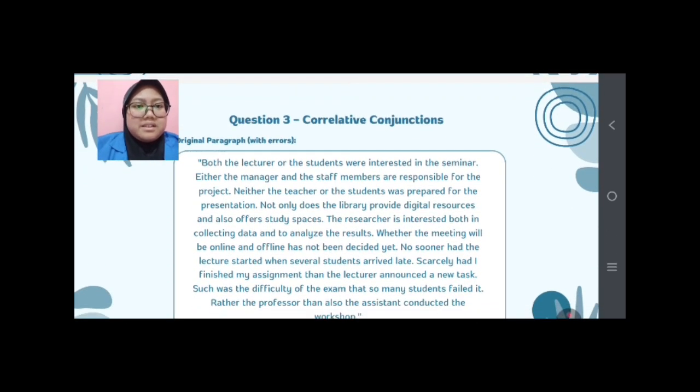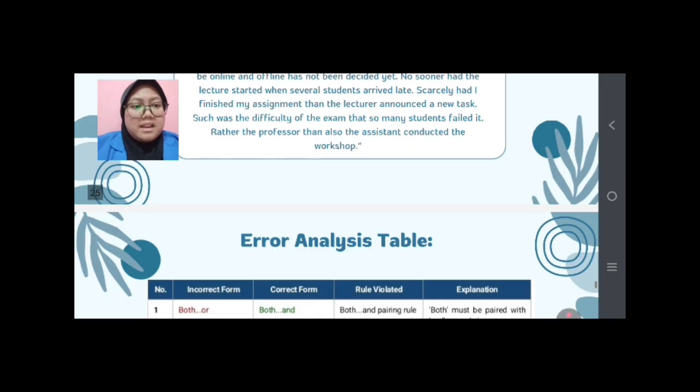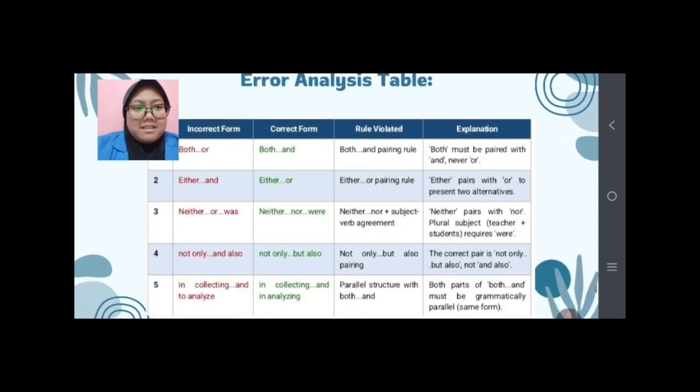This is question 3, correlative conjunctions, original paragraph with errors. Let's analyze the errors. Both or, both and. Both must be paired with and, never or. Either and, either or pairing rule. Either pairs with or to present two alternatives.